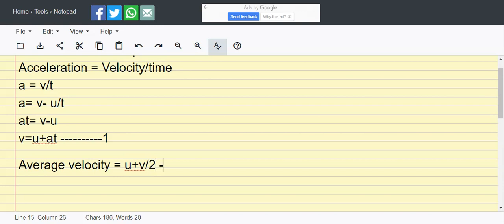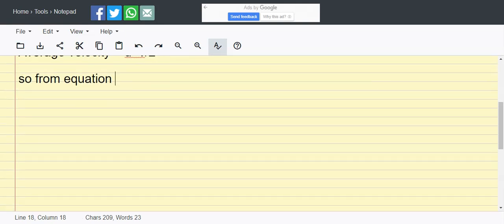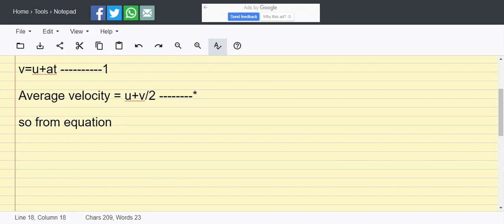Let's call this equation star. So from equation one of the linear equations, v equals u plus at.